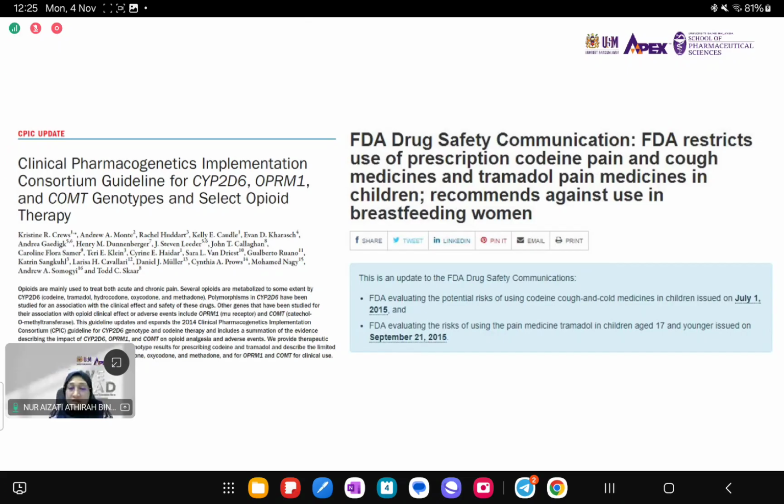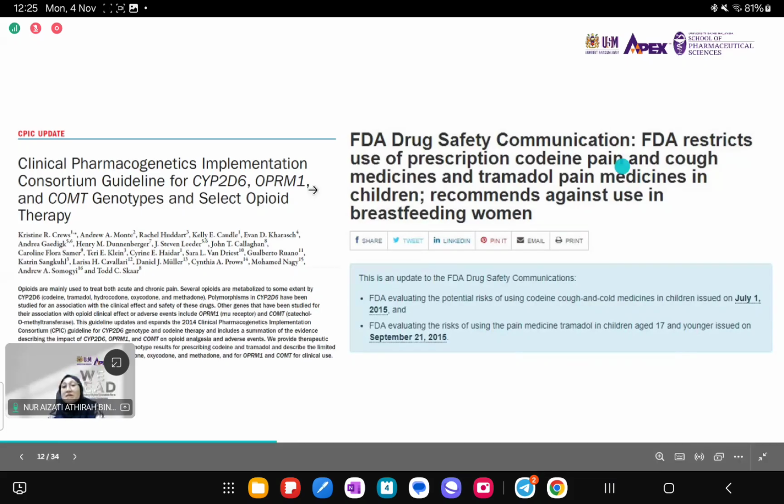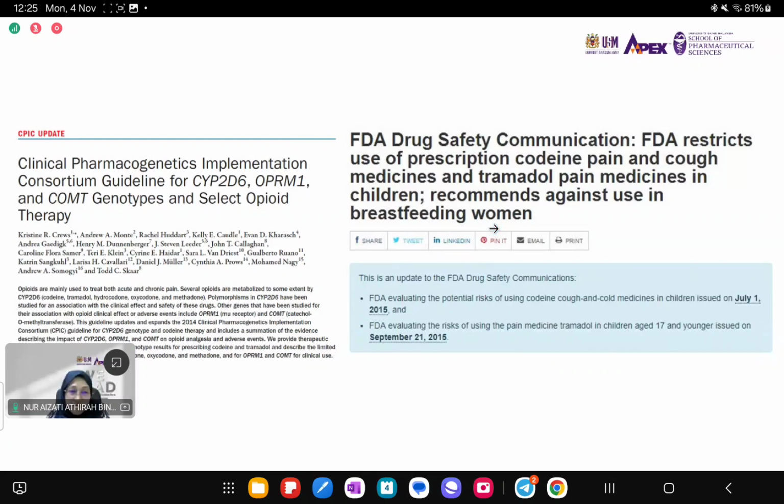This is a tragic case which led to an FDA drug safety communication, in which the FDA restricted the use of prescription codeine pain and cough medication and tramadol pain medication in children and also in breastfeeding women because of the case.